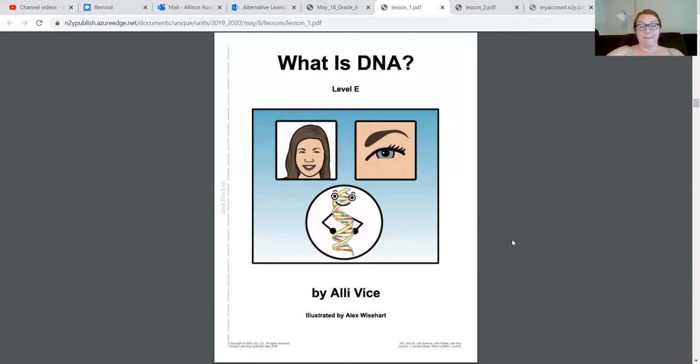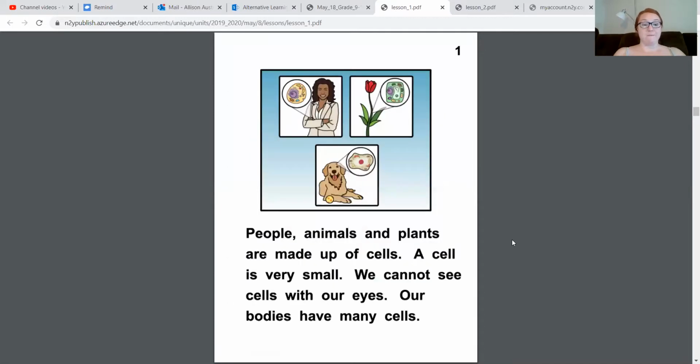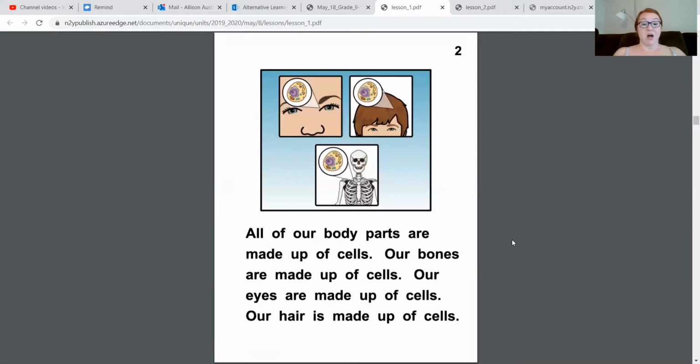So, what is DNA? People, animals, and plants are made up of cells. A cell is very small. We cannot see cells with our eyes. Our bodies have many cells. All of our body parts are made up of cells. Our bones are made up of cells. Our eyes are made up of cells.